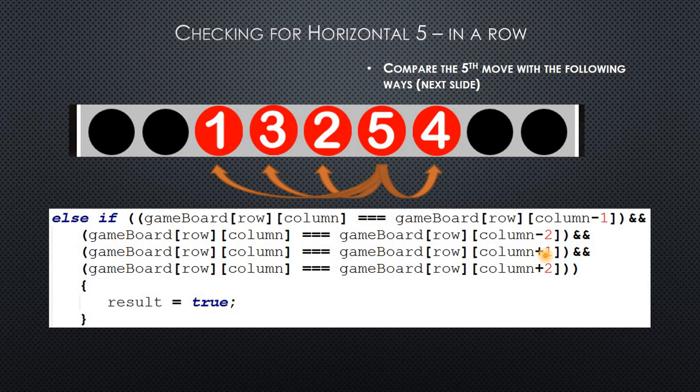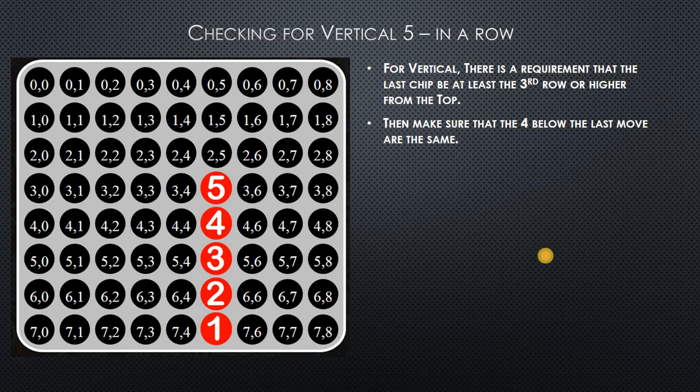For this one we get 3 on your left and 1 on your right, and it still checks there. Now that gets all the horizontal possible combinations.